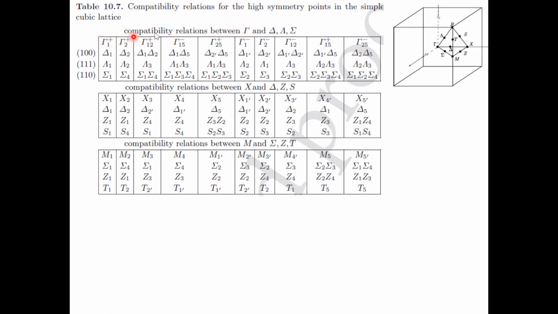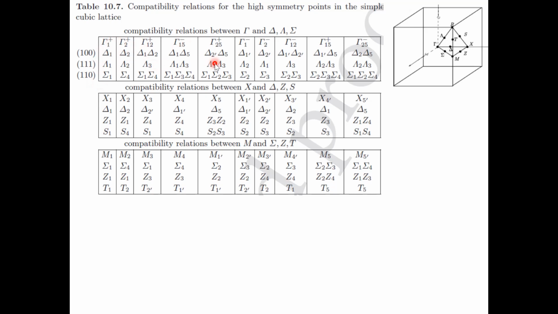For instance, for going from gamma to delta, or from gamma to lambda, or gamma to sigma.